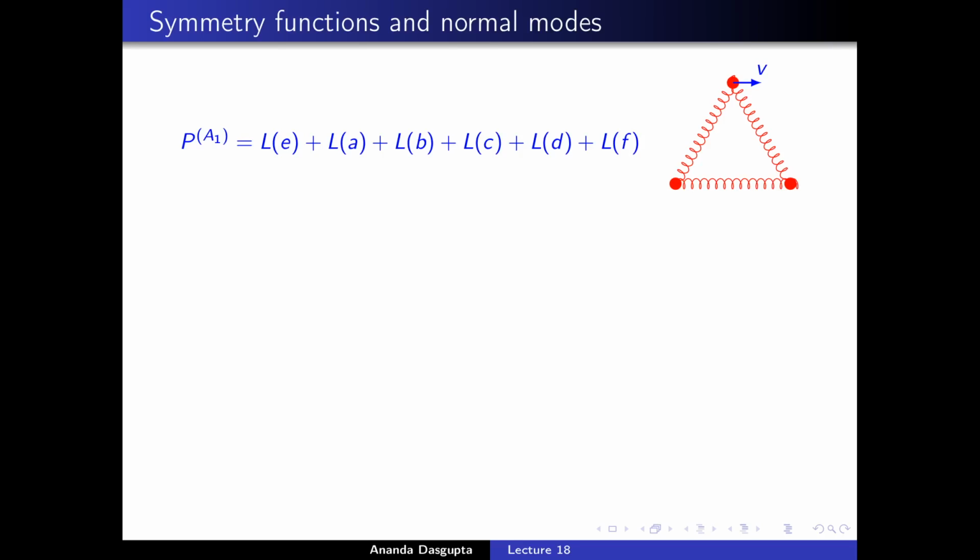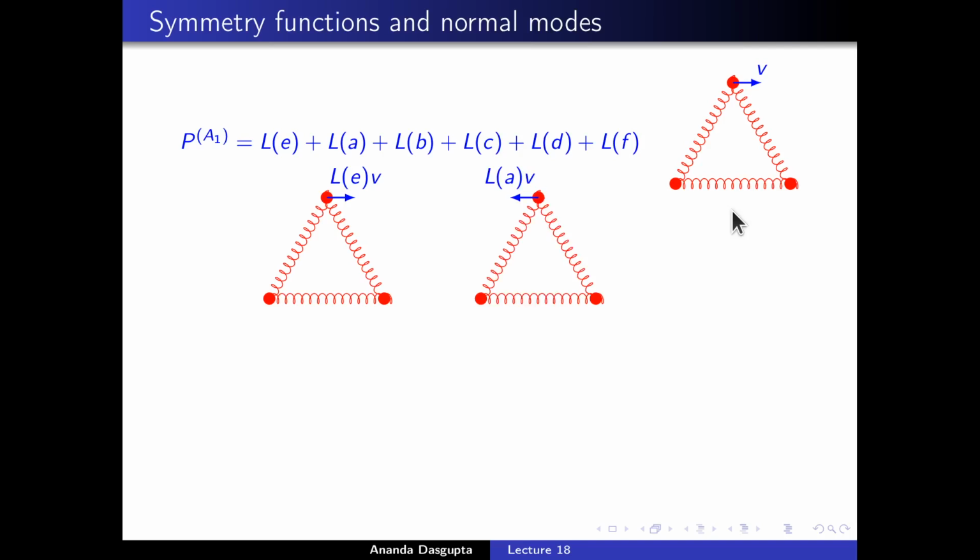And for this, we apply each of the operators LE, LA, etc. in succession. So LE acting on this vector V is of course the same as the vector V, LE being the identity operation. LA is a reflection along the vertical line, along this particular median. So when you apply LA on V, V simply flips over. So this is what LAV is. What about LBV?